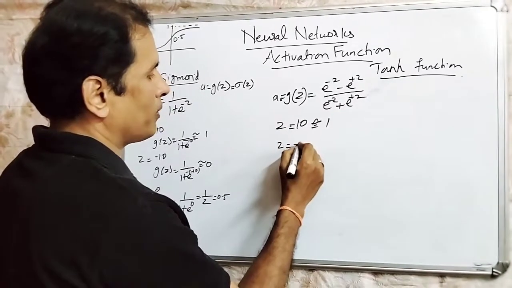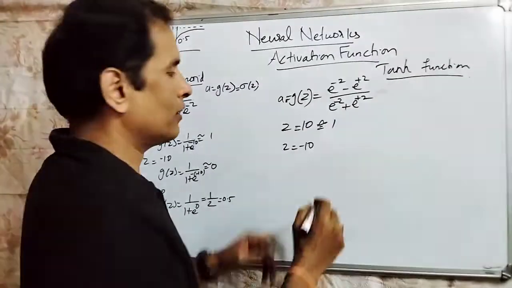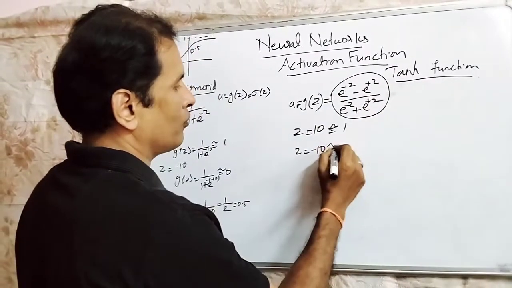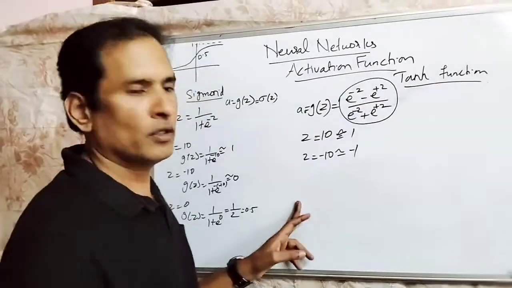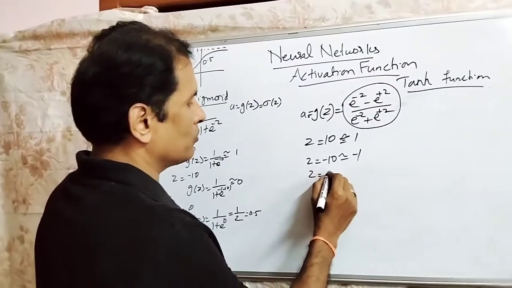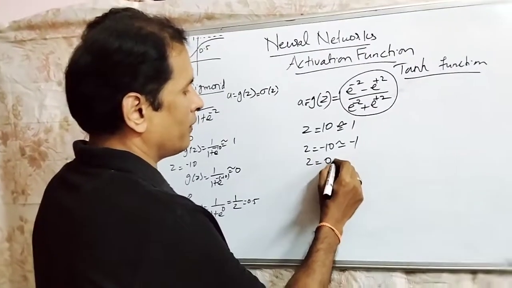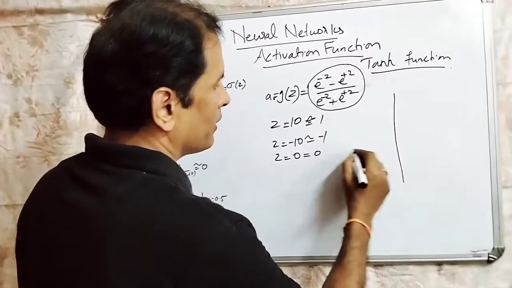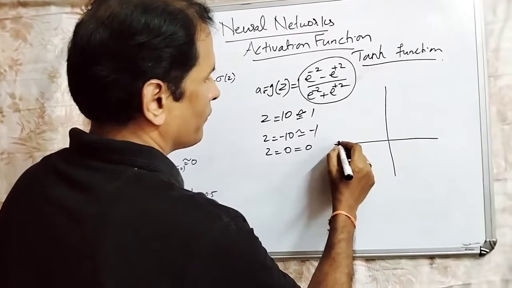Suppose we apply a greater negative value to this equation, then we will get a value approximately equal to minus 1. Suppose we apply z is equal to 0, then you will get a value equal to 0 for this equation. So we will get a graph like this.